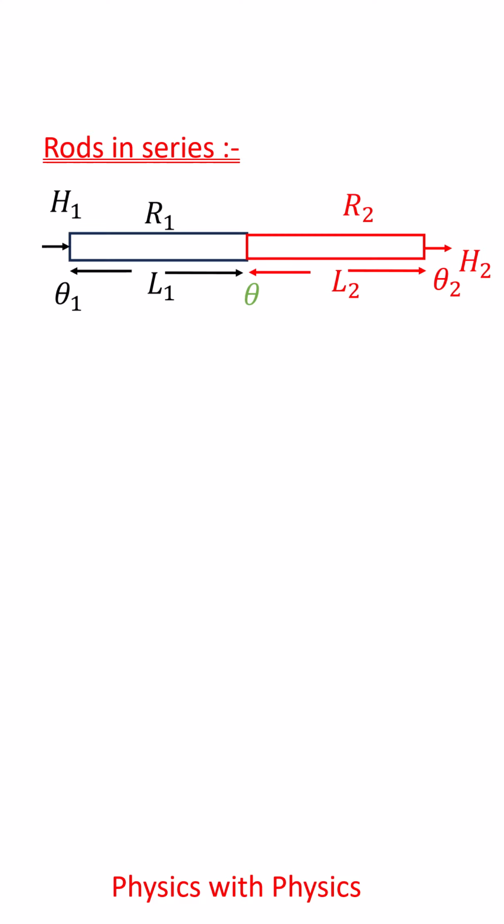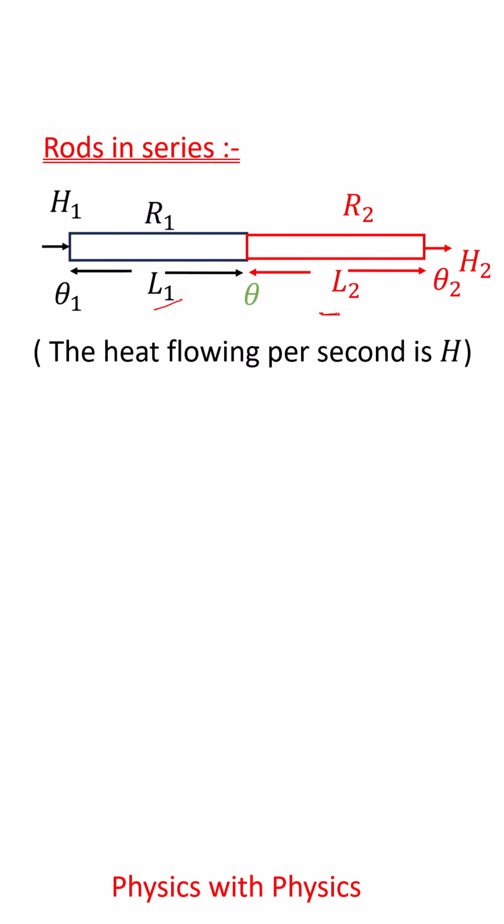Here we have two rods whose thicknesses are L1 and L2, and H1 and H2 are the heat energies flowing across the rods, and these two rods are connected in series as we can see here. Now H we already studied.